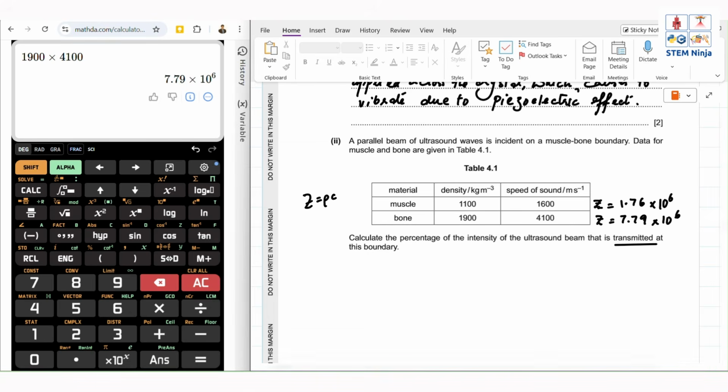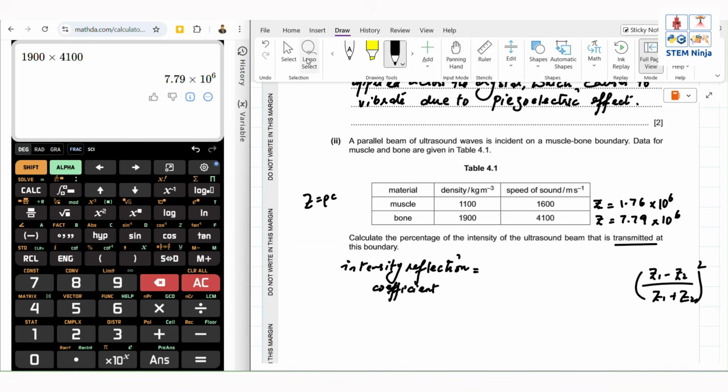So we first need to find the intensity reflection coefficient. Remember, it is (Z2 minus Z1) over (Z2 plus Z1), whole squared.